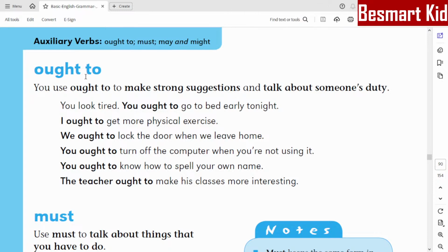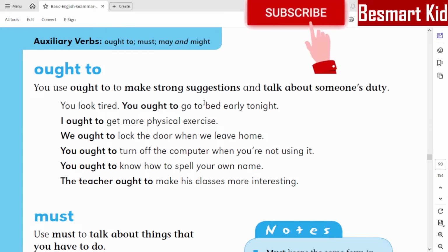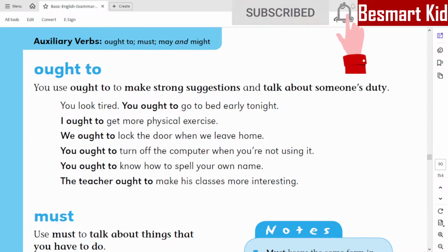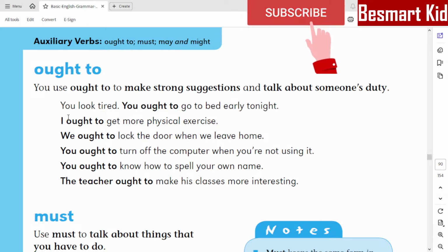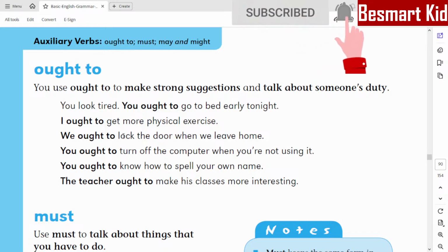Now we have ought to. Use ought to make a strong suggestion and talk about someone's duty. You look tired. You ought to go to bed early tonight. I ought to get more physical exercise.